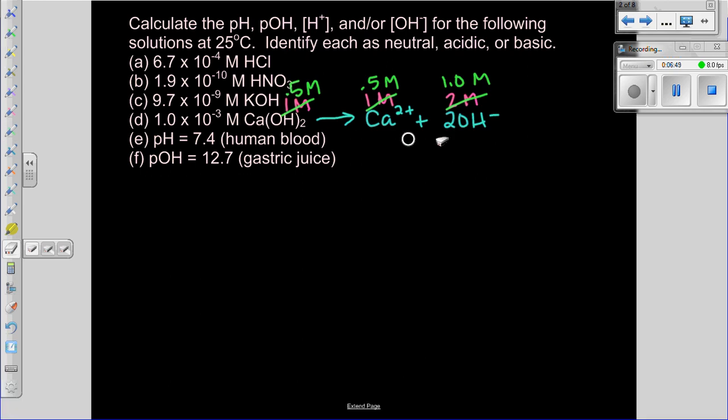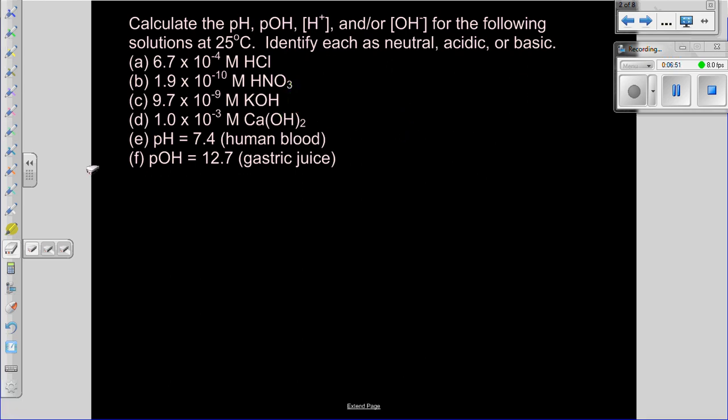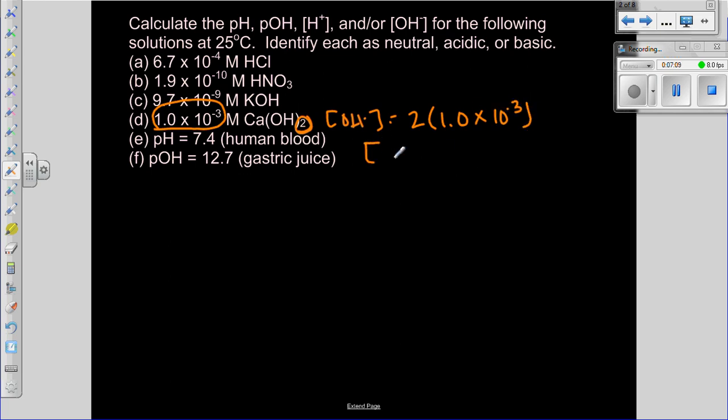So now I want to take this and do it with a scary number. I'm going to take 1 times 10 to the negative 3rd because I have a subscript of 2. To get the hydroxide ion concentration, I need to do 2 times 1 times 10 to the negative 3rd. And when I do that, we are going to get 2.0 times 10 to the negative 3rd molar for our hydroxide ion concentration.